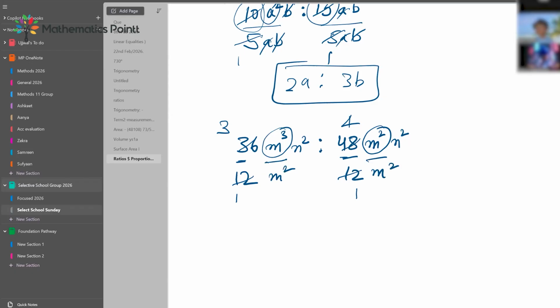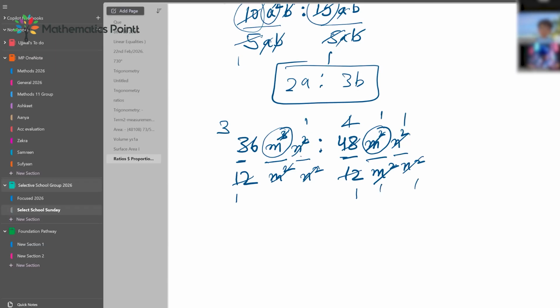So m square takes away two m's at the top, so it just remains with one m. Whereas m square takes away the whole m square on the right hand side. And lastly, n square and n square is common between both of them. So n square gone, n square gone. When I'm saying gone, that means one.